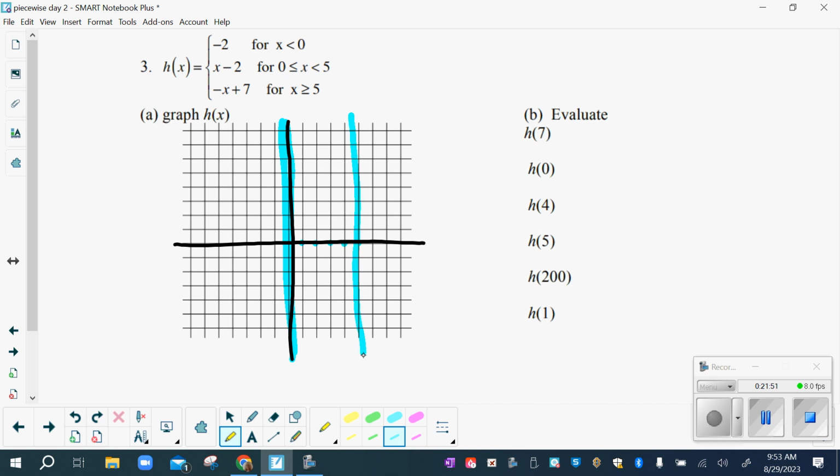Some of it's going to be on this side, some of it's going to be in the middle, and some of it's going to be over here. So you're going to have to do some erasing, right? Give this a try. If you guys got this, I will be super impressed with you because we just talked about this on Friday. And then the trick will be, which one of those do I use for my evaluation?